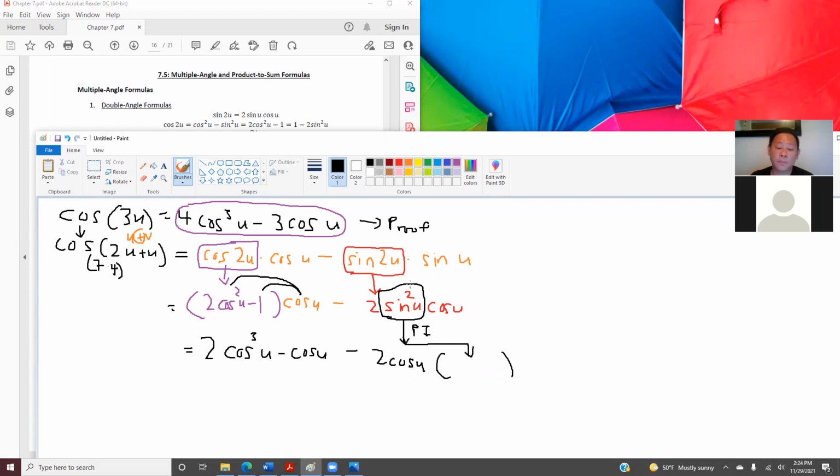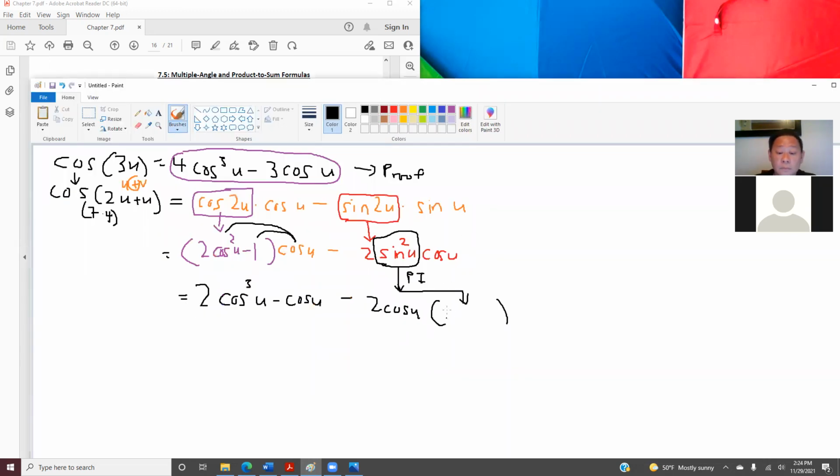What is sine square u in the Pythagorean identity? One minus cosine square u. And now we will distribute this. Don't forget the negative 2. This is a negative, it's important.